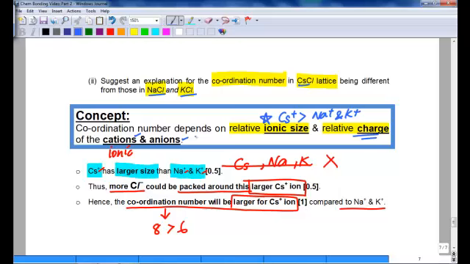In this case, Cs+, Na+ and K+ all have the same charge, so we do not need to talk about the factor of charge here. We just need to talk about the ionic size. I hope that you have found this question interesting.